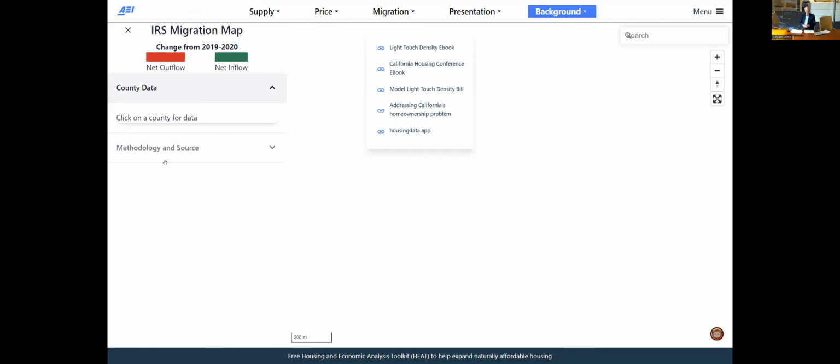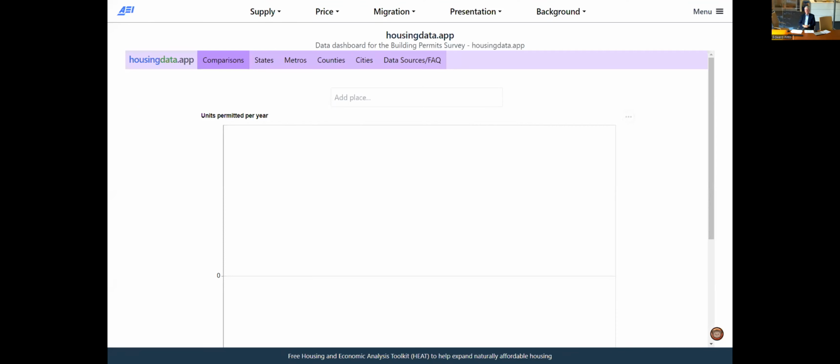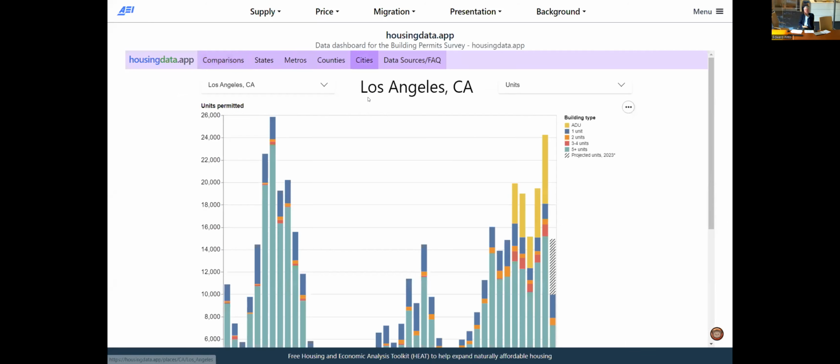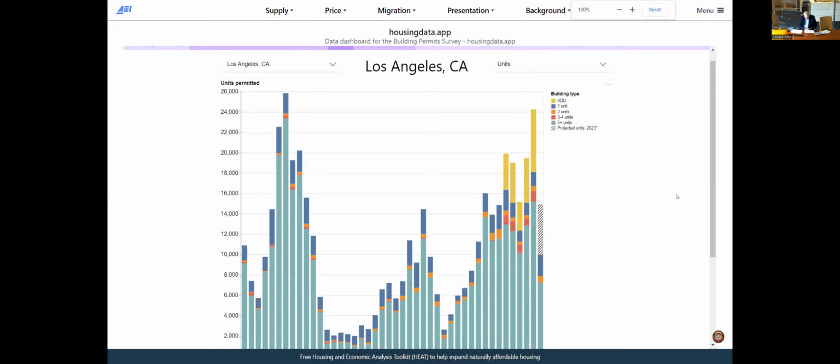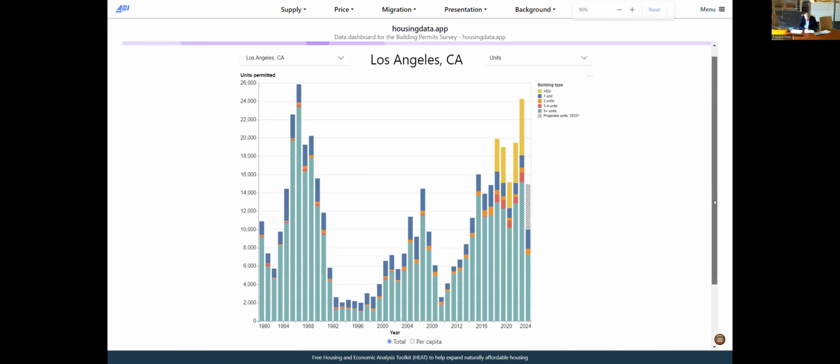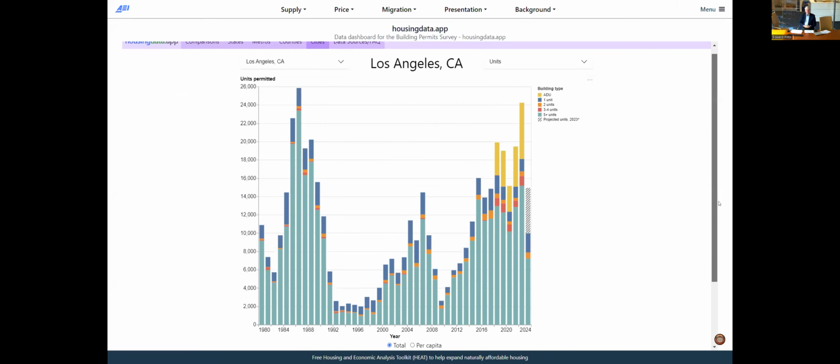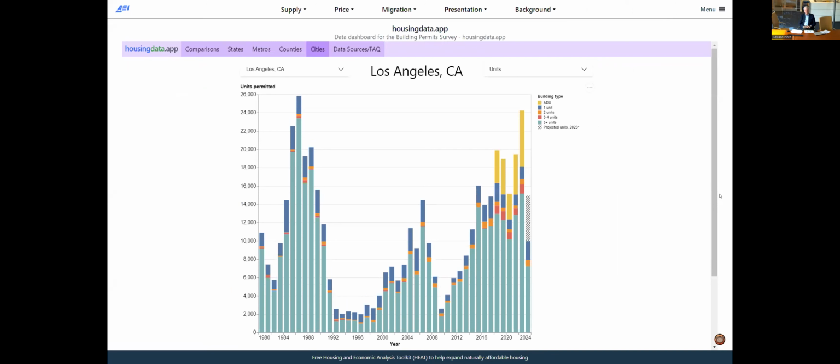The next slide, and we provide a link on here as a way of background, is the housingdata.app. You can pick state, metro, county, city. This is very convenient. This individual has put together this application which tracks housing permit data from the Census Bureau.